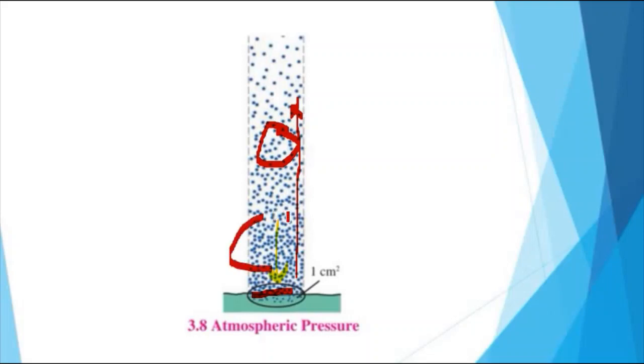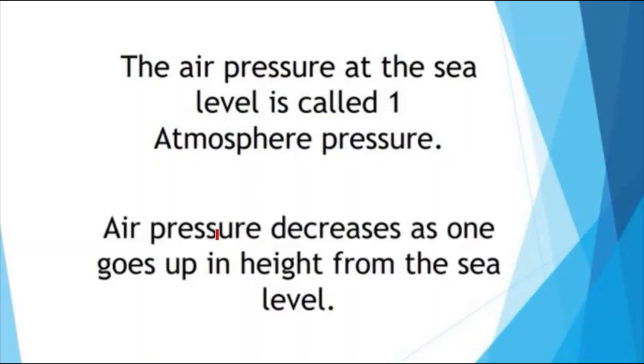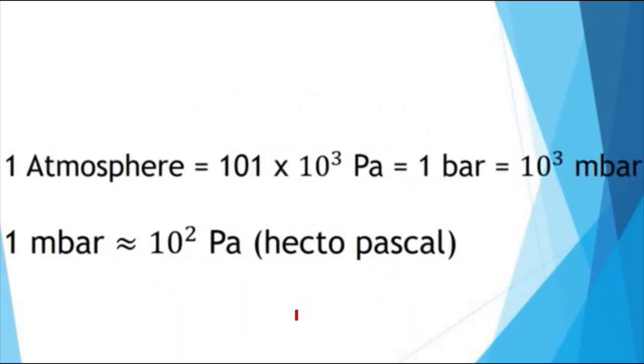This means that atmospheric pressure is the ratio of this weight divided by the area of the surface. The air pressure at the sea level is called 1 atmosphere pressure. Air pressure decreases as one goes up in height from the sea level.